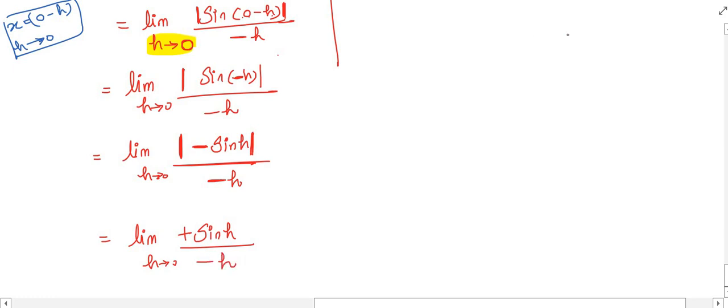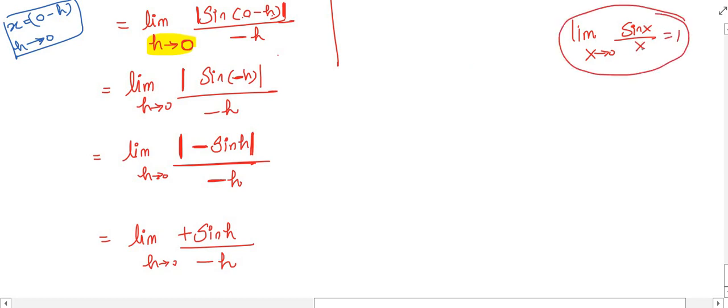Correct. Now in 11th class, we learned a formula: limit, if x is tending to 0, sine of x by x is 1. We don't need to solve it. Whenever we have sine x by x, it becomes 1 if the limit is going to 0. Okay. Here you can see it is pretty much matching. Can you see that?